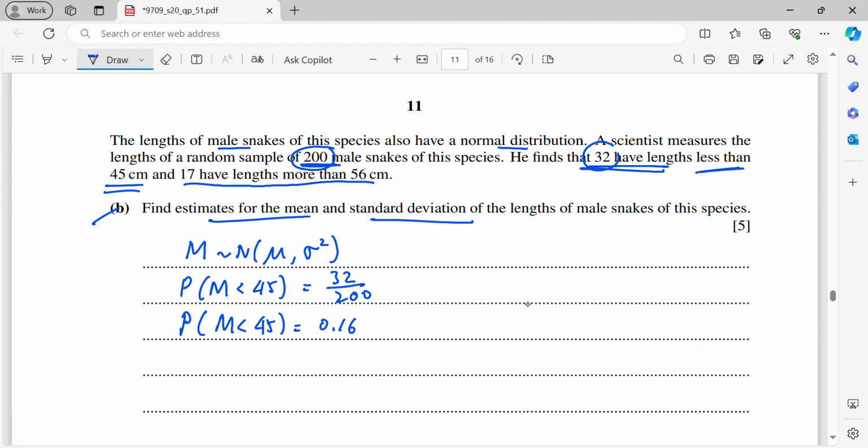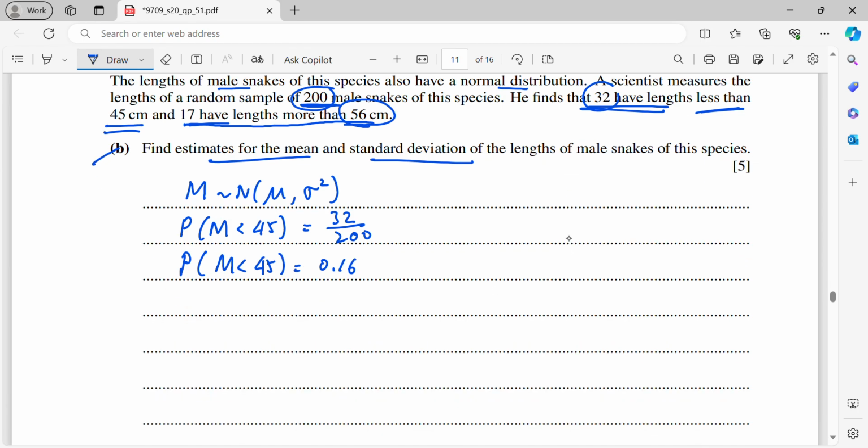Now the other one is greater than 56 centimeters. It will be 17 out of 200. So I will use that information later. Let me standardize this first. Okay, so this will be P(Z less than (45 minus mu) over sigma) equals 0.16.